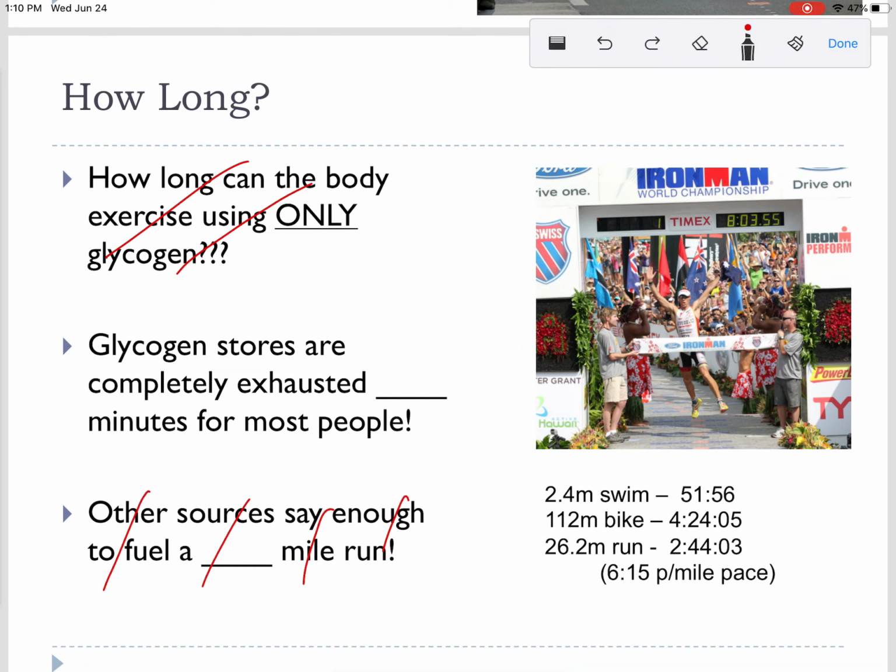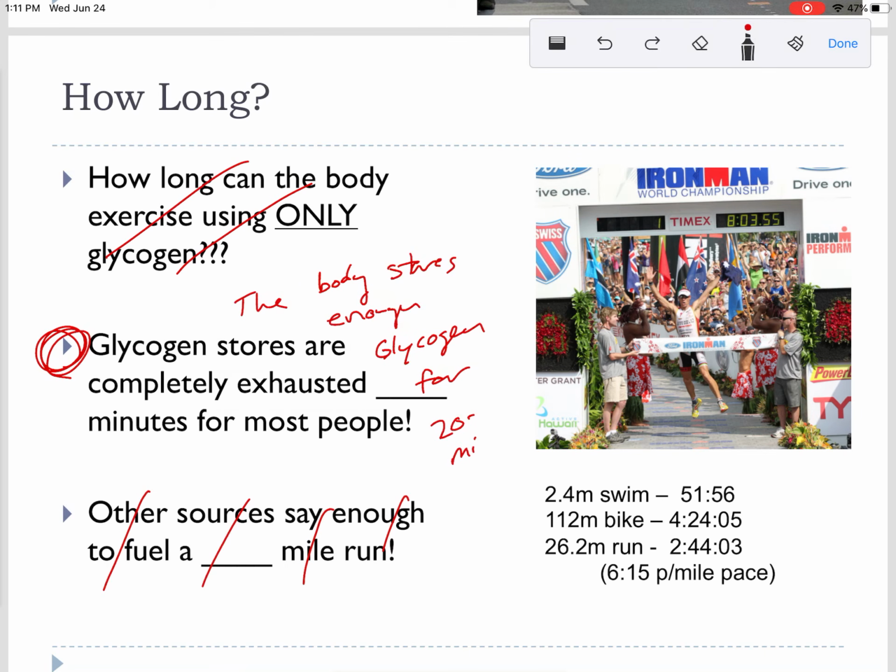The only thing that I said, changed my mind actually, that's the beauty of being the teacher, is I do want to point out what I said. We have so much glycogen in our skeletal muscles and liver. People will say that the body stores enough glycogen for a 20-mile run.